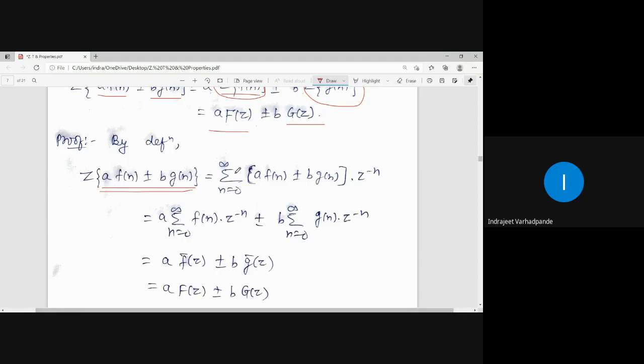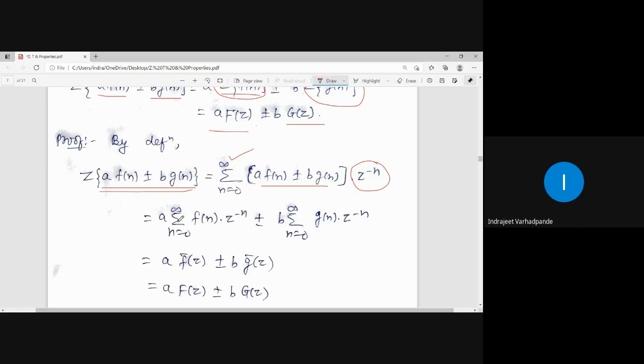I multiply a f of n plus minus b g of n by z to the power minus n and take the summation over n equal to 0 to infinity. Now, summation is distributive over addition and subtraction as well. Moreover, whenever summation is taken over n, the terms not connected with the summation can be taken outside.